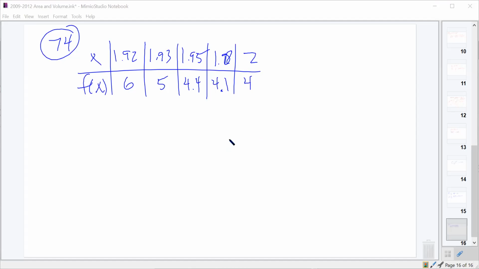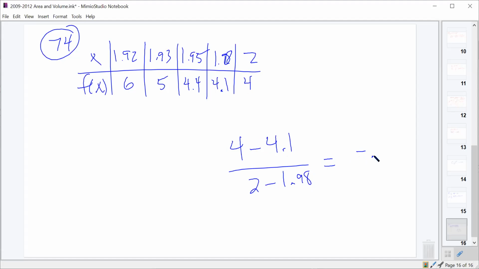So we'll do 4 minus 4.1, y2 minus y1, over 2 minus 1.98, which gives us negative 0.1 divided by 0.02. And let's see, if we move the decimals over on that, what does that come out to be? Negative 1 over point, yeah, negative 5, looks like. That one good?